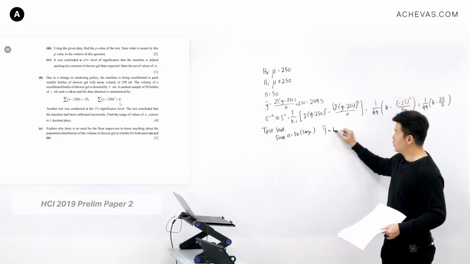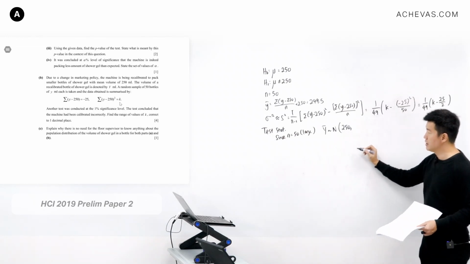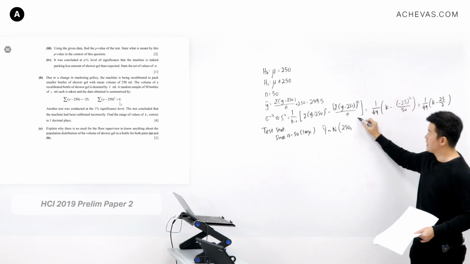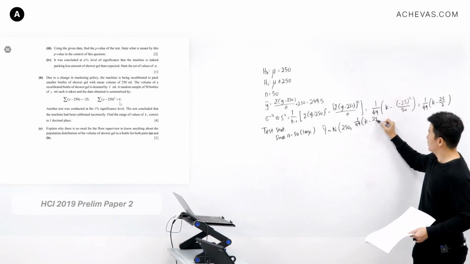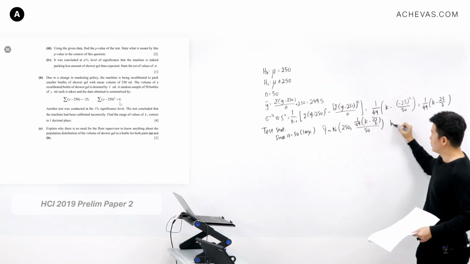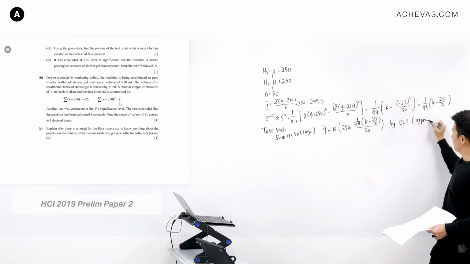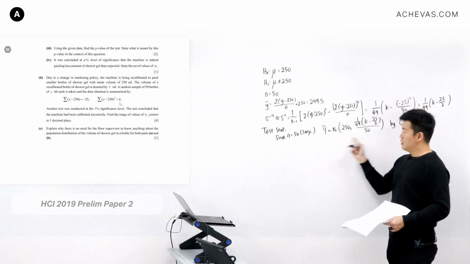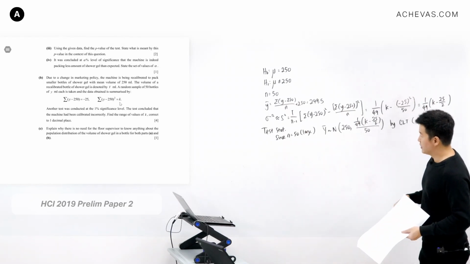Y bar will follow a normal distribution with a mean of 250, the population mean, and the population variance, which sadly I don't have, so I'm using the unbiased estimate, k minus 25 over 2, divided by the sample size. And I'm doing this as an approximation via the central limit theorem. You can definitely write down the standardized form. I'm going to skip that because it's not very meaningful for me here.